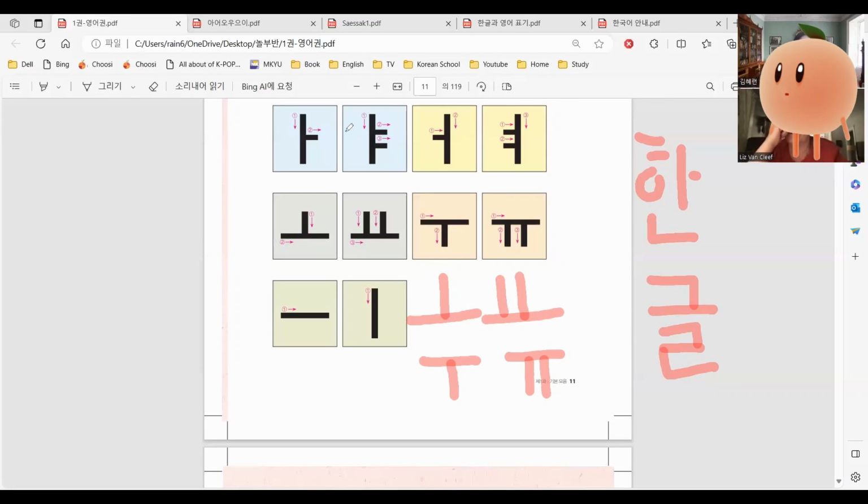Okay. So that's why if you think o, yo, 우, if you write it down, it's too easy to write in the vertical way.